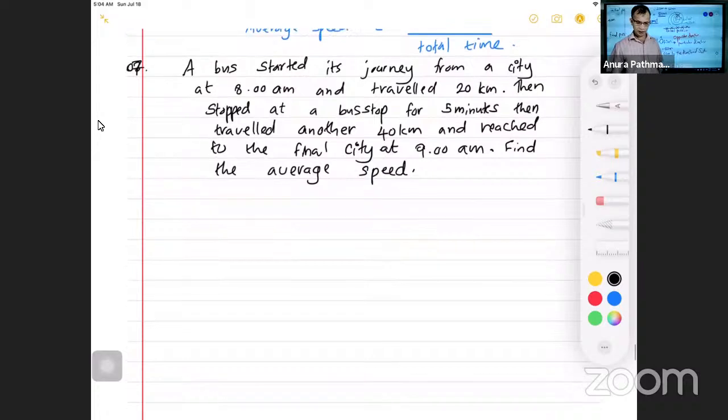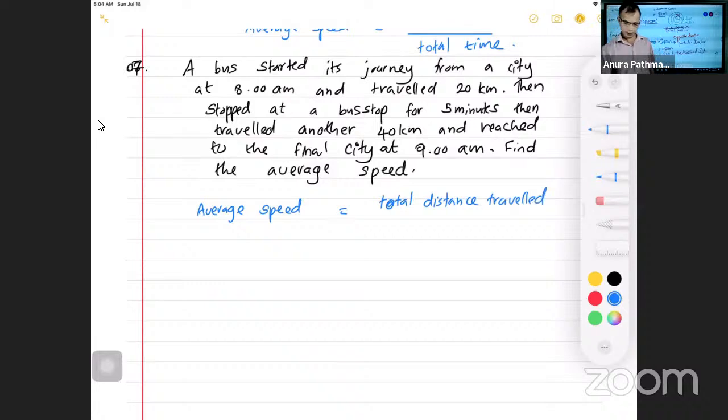So the total time taken is 1 hour. Average speed is equal to total distance traveled divided by total time taken.